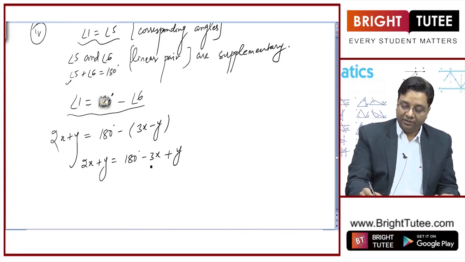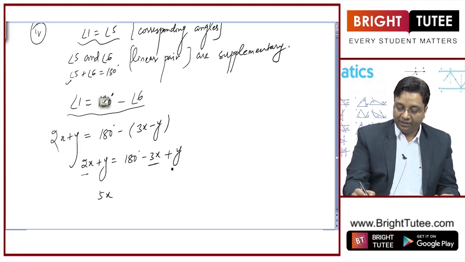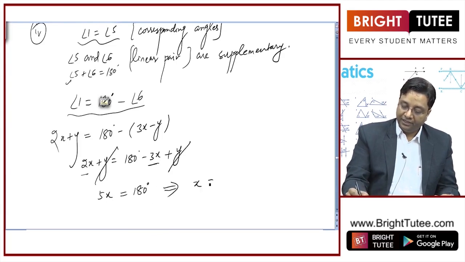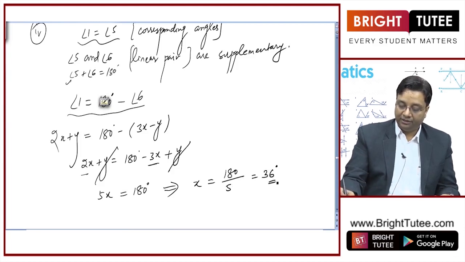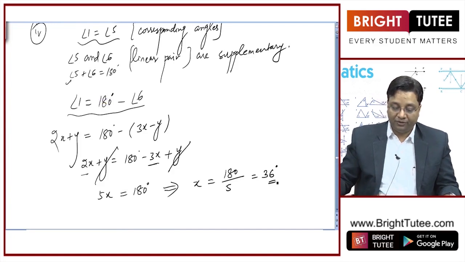So if I bring x on one side, it will be 5x. Y can be cancelled from it. Okay, so 5x is equal to 180. This will give me x equal to 180 by 5, that is 36. Right, so I have got value of x here.